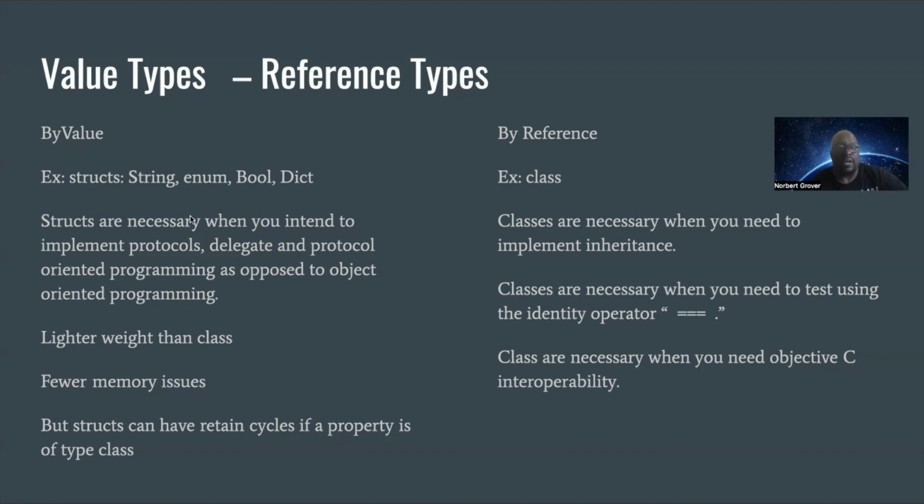But another thing: structs are necessary when you intend to implement protocols and delegates, protocol-oriented programming, as opposed to object-oriented programming, which uses inheritance and polymorphism. Inheritance and polymorphism are done with classes by reference, not with structs by value. Structs are incapable of participating in polymorphism.